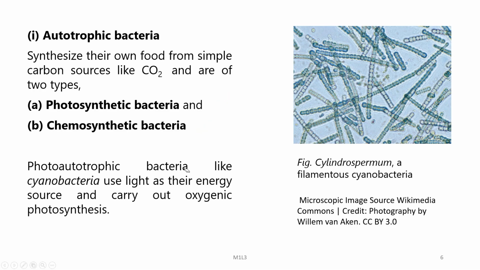Photoautotrophic bacteria like cyanobacteria use light as their energy source and carry out oxygenic photosynthesis. Here you can see a microscopic image of Cylindrospermum, which is a filamentous cyanobacterium, and you can see that they can become very long.